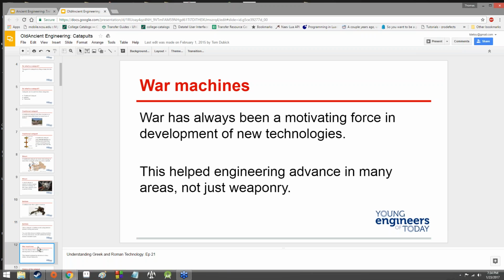A lot of medical technologies are thanks to wartime advancements. A lot of the food we eat today actually is thanks to wartime advancements. Insofar as microwave dinners and things like that, a lot of those are actually based off of the structured approach to meal creation for soldiers, like MREs and things like that.